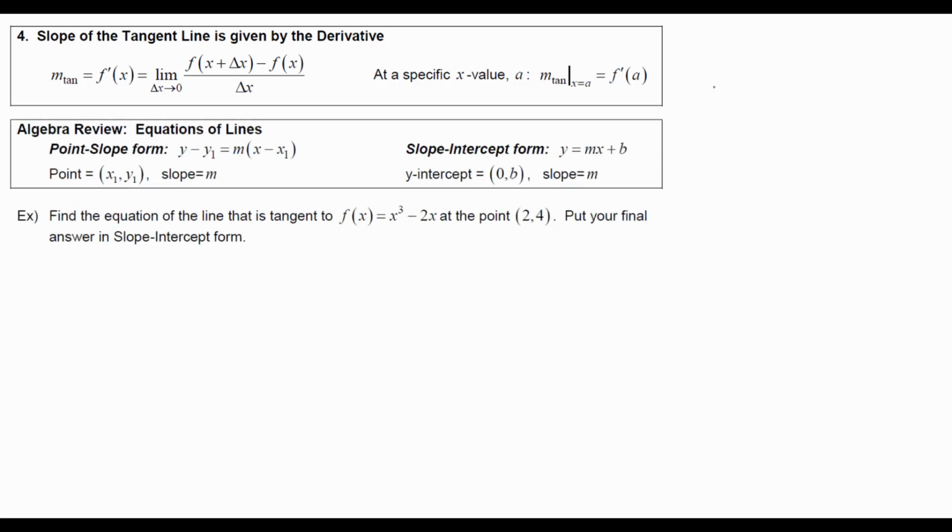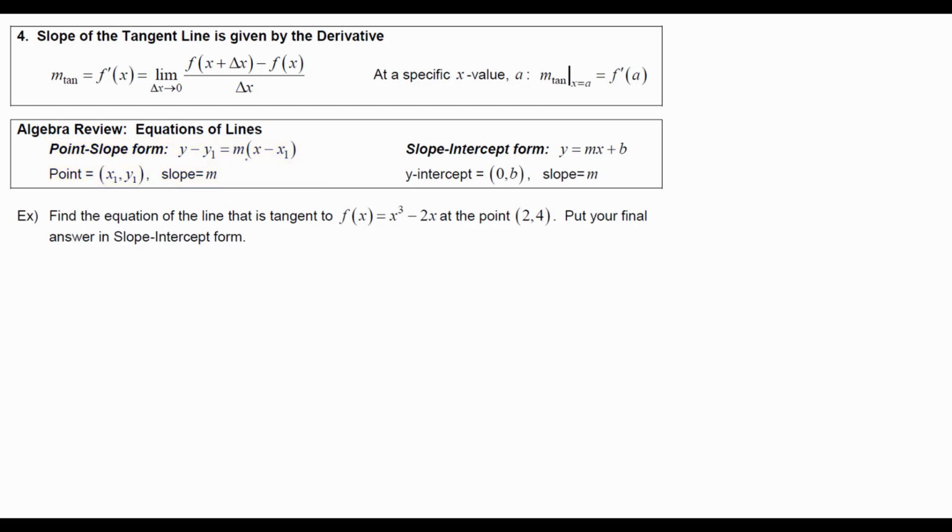So recall from algebra, if you have a point and a slope, we could write the equation of a line using point-slope form. And point-slope form of a line was y minus y1 equal m times parentheses x minus x1.